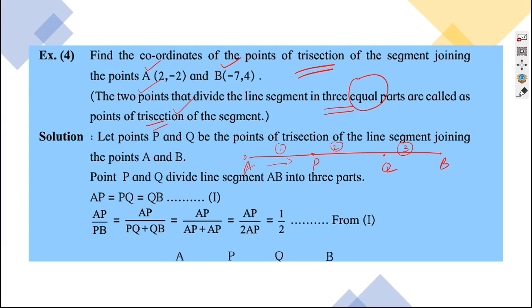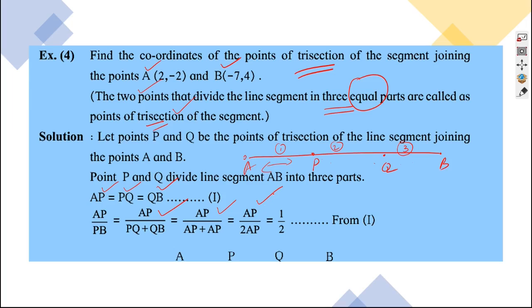That means AP is equal to PQ, PQ is equal to QB. If AP is equal to PQ, PQ is equal to QB, and you are trying to find out AP upon PB, then what would it be? We know that AP is equal to PQ is equal to QB. Then AP upon PB will be equal to AP upon PQ plus QB, which is equal to AP upon AP plus AP, which is equal to 1 upon 2.